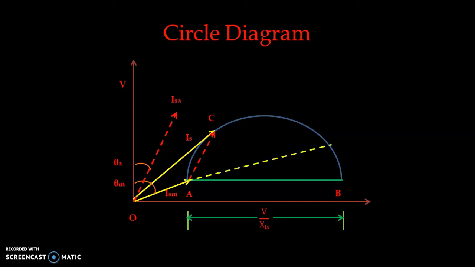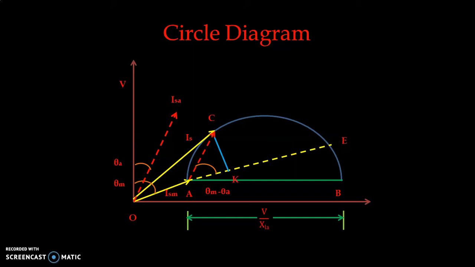Now if we draw the torque line, and if we draw a perpendicular from the torque line joining to point C, then we can see that AC, that is the starting current of the auxiliary winding ISA, is making an angle with the torque line, that is theta m minus theta a.